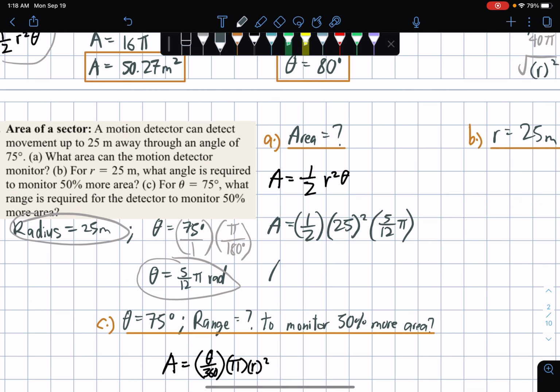So put these values in the calculator and we get the value of 3,125 over 24 pi, which is, in other words, 409.06 meters squared.